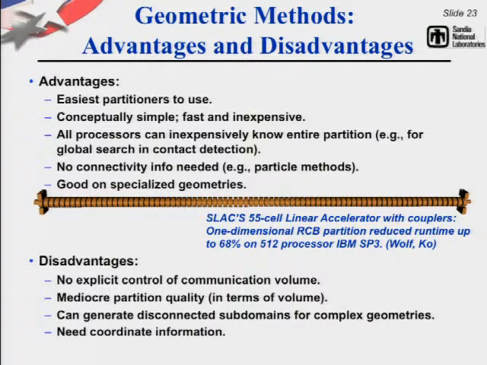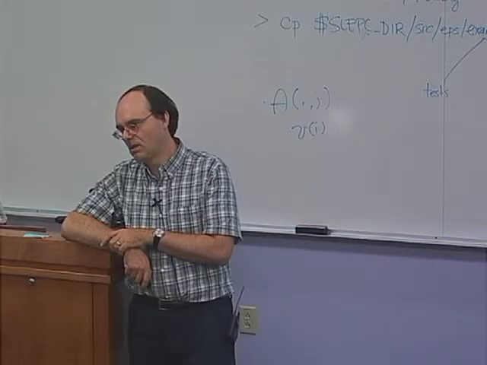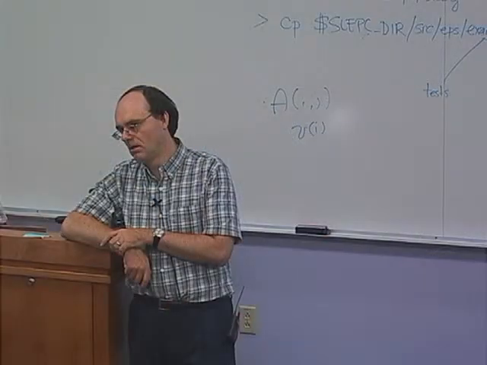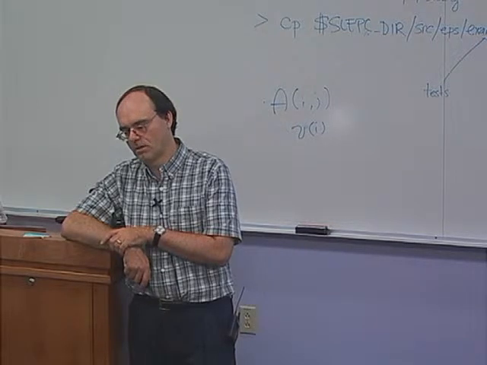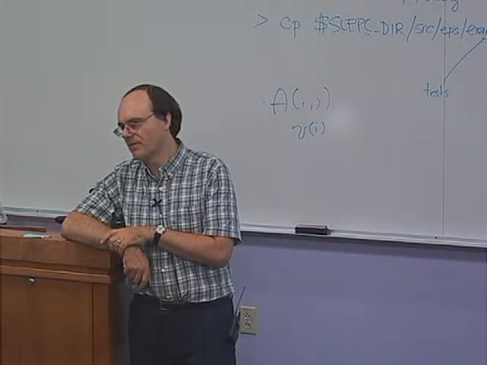Does it force us to have different levels in the same process? As you're refining your domain, does Zoltan make sure that the data at different refinement levels belongs to the same processor? I'm not sure I understand the question actually.